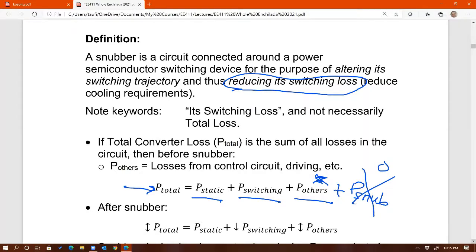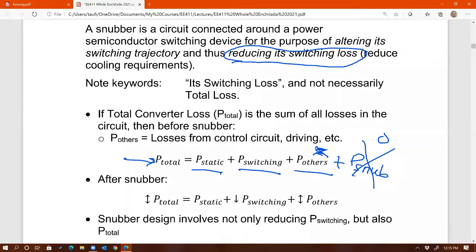After the snubber, of course, you're going to have plus P snub, and this is what I call P others.